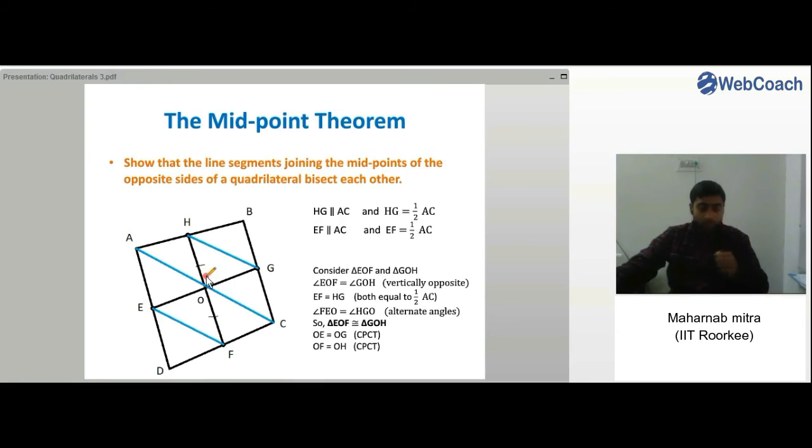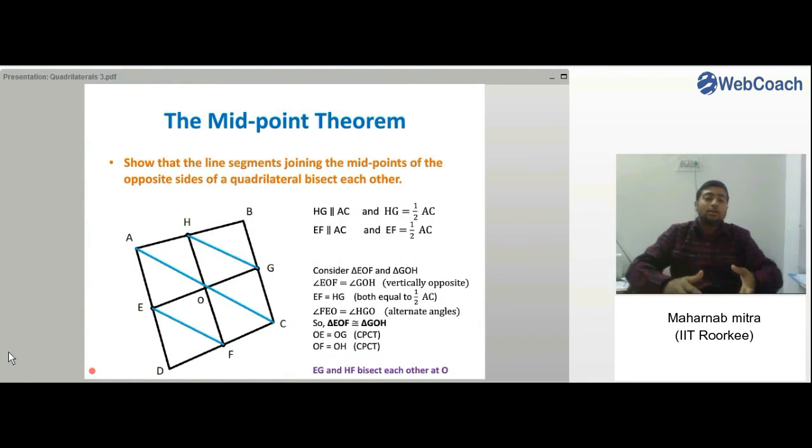So we can say O has bisected EG and also HF, or both the lines EG and HF have intersected at a point which bisects them. Or specifically, EG and HF bisect each other at O, right? So we have proved what the question had asked.